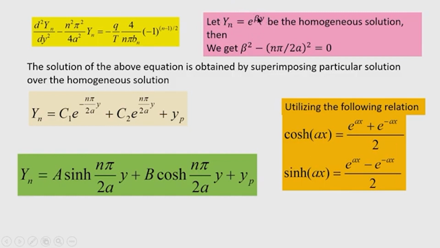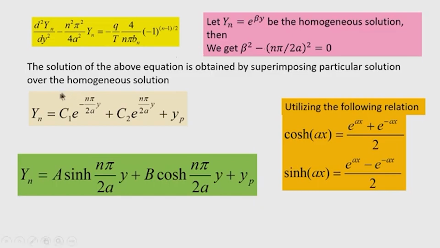If this is a homogeneous solution, it must satisfy d square y n by dy square minus n square pi square by 4 a square into y n equal to 0. Substituting y n equal to e to the power beta y, we get the characteristic equation beta square minus n pi by 2 a whole square equal to 0. This characteristic equation has two roots: plus n pi by 2 a and minus n pi by 2 a.